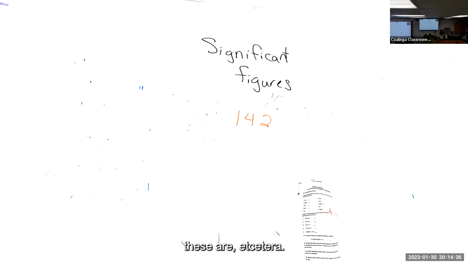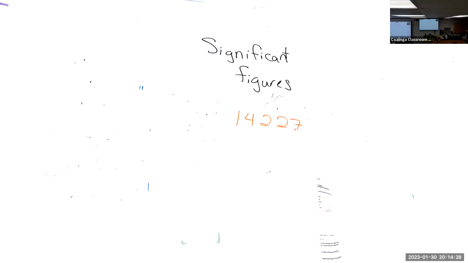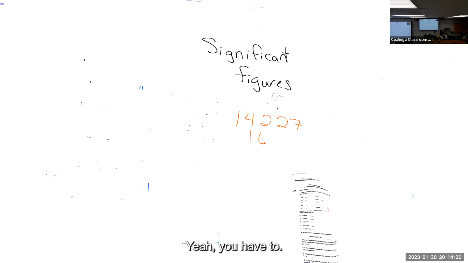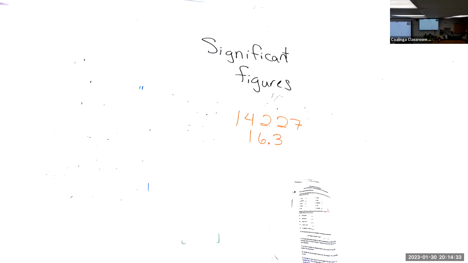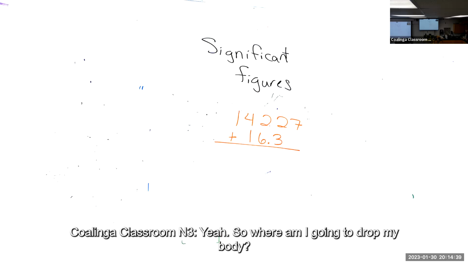Okay, so make sure I write it down there. So we rounded it. We sort of said wrong. Yeah, you have to change some. So where am I gonna draw my lines?